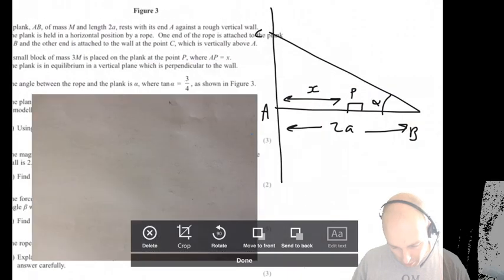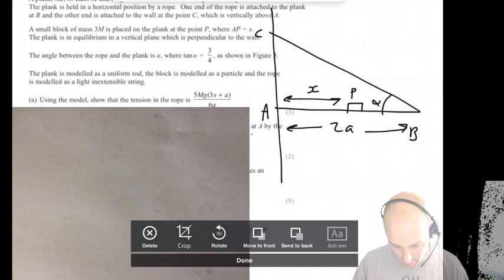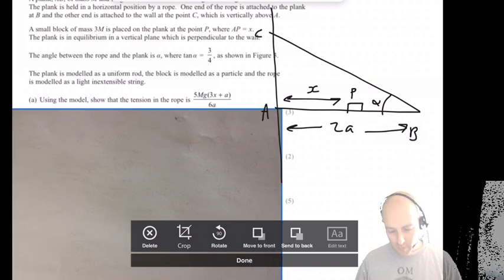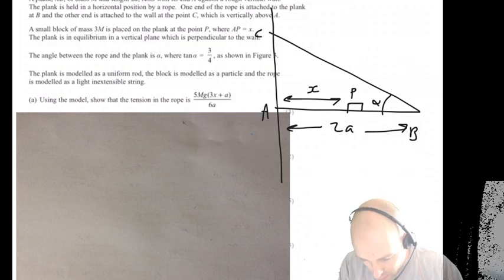So we'll do it bit by bit using this to write on. Cool. Way better.